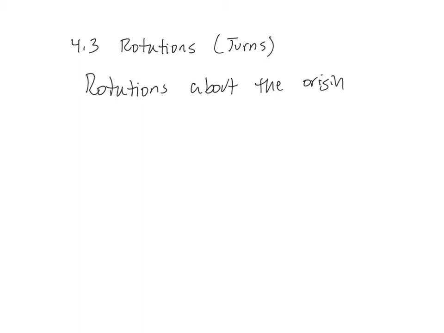So we're going to have a 90-degree rotation, which would be like a quarter of a turn. I think everybody knows a 90-degree angle is like an L. We'll do 180 degrees and 270 degrees, so they're in 90-degree increments.